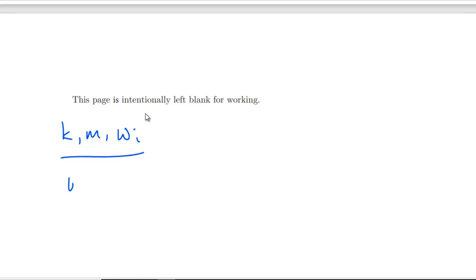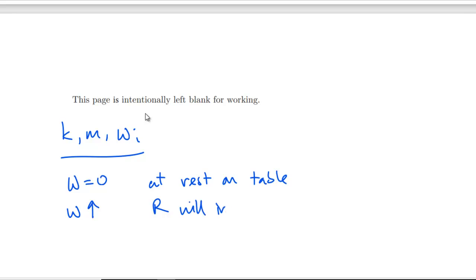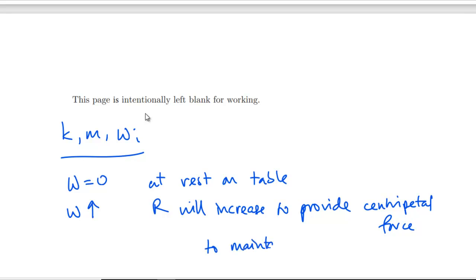So when omega is 0, we're just at rest on the table. As omega increases, then R will increase to provide the centripetal force, to maintain circular motion.